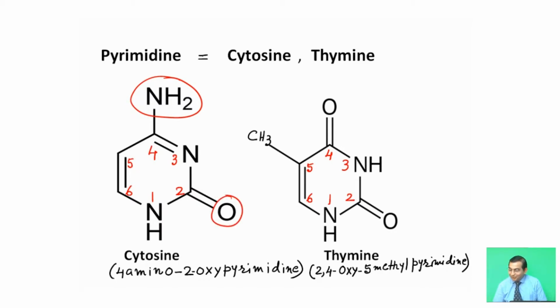So it is 4-amino 2-oxypyrimidine. On the other hand, thymine is 2,4-oxy-5-methylpyrimidine, that is in the 5th position one methyl group is present, and in the 4 and 2 positions two keto groups are present.